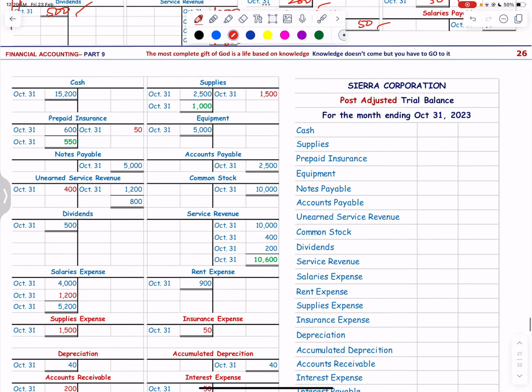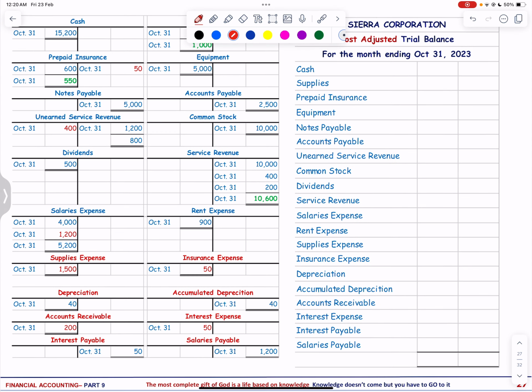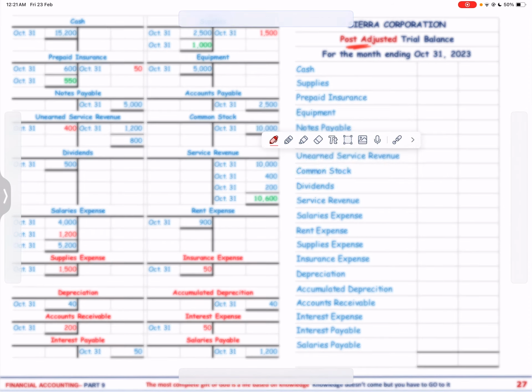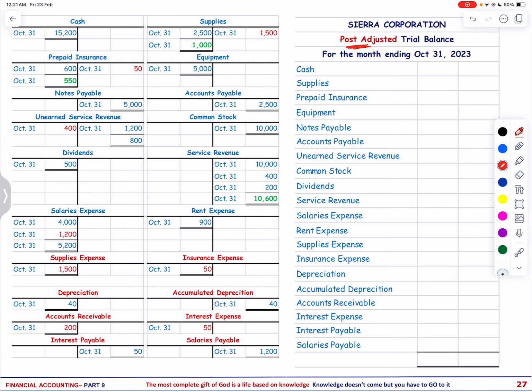These are simply presented over here, and we are going to make the post adjusted trial balance. Now when we prepare the post adjusted trial balance, we simply take the balances from the ledger.